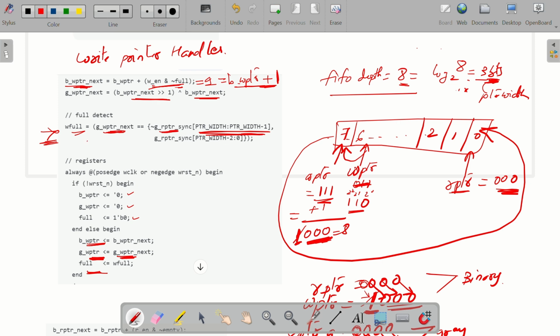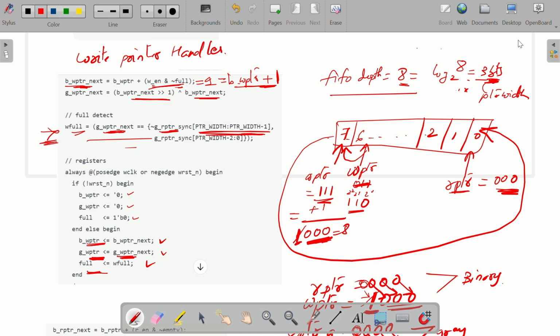The full flag is detected using these lines, and that value is also updated at every clock edge. So at every clock edge, your binary pointer, your gray pointer, your full flag, everything is updated. So we understood how the write pointer handler works and how the full flag is working.